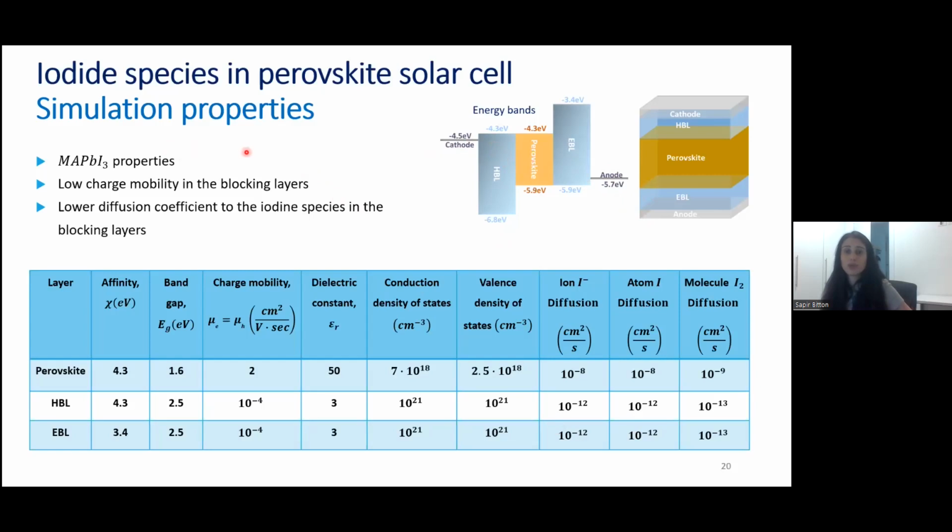We consider the properties of methylammonium lead triiodide perovskite to distinguish the effect of the ions on the reactions on the resistance of the blocking layers. We considered low charge carrier mobility in the blocking layers. And we chose diffusion coefficients for iodine species in the blocking layers to be 4 orders of magnitude lower than those in the perovskite.